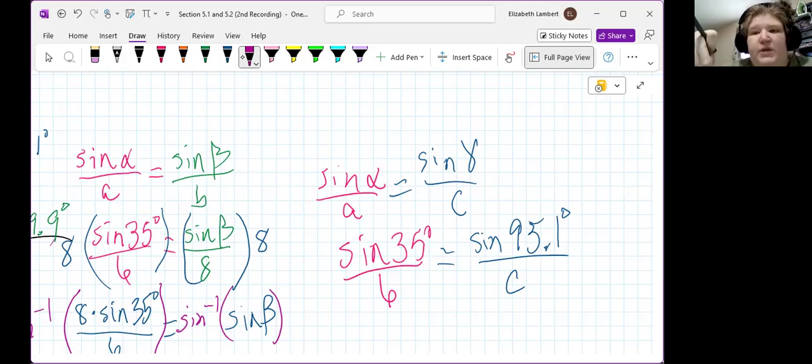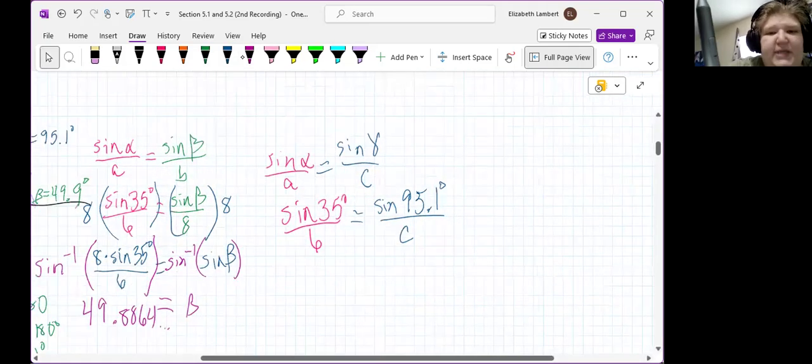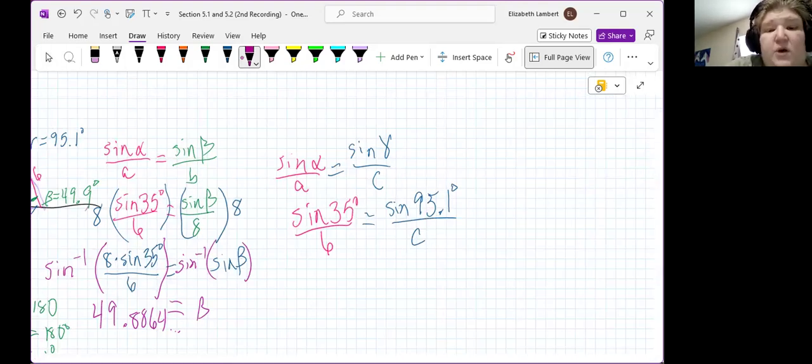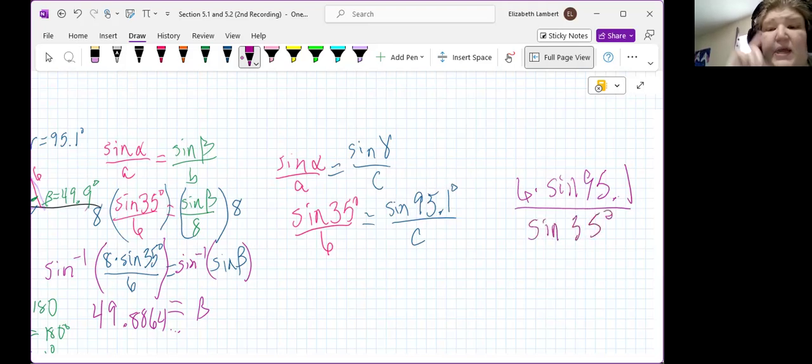It's one fraction equal to another fraction. You can cross multiply and divide by the third, which is what I start shortcutting to after a while. Looking at this, my brain says this is going to be 6 times the sine of 95.1 divided by the sine of 35, the thing across from C. I'm going to show you why that is what C will equal.